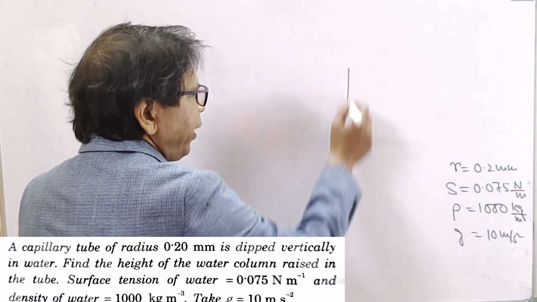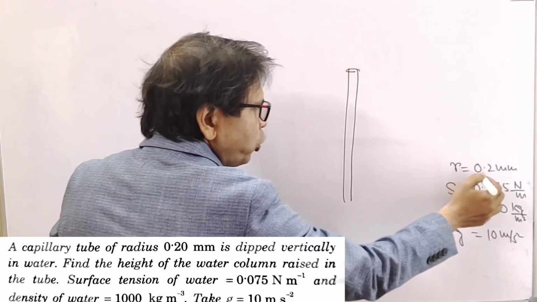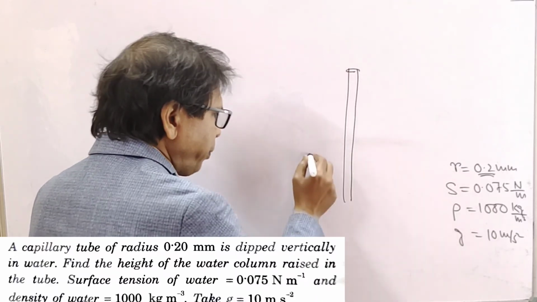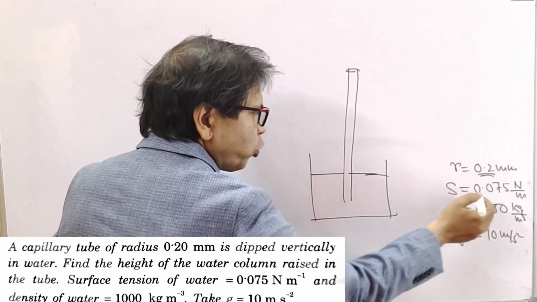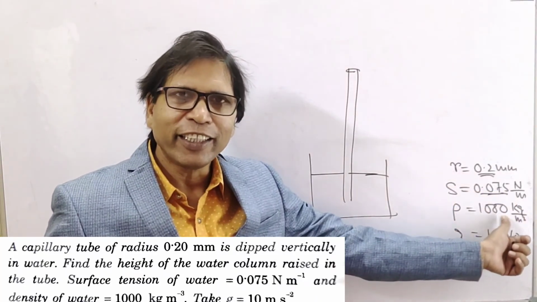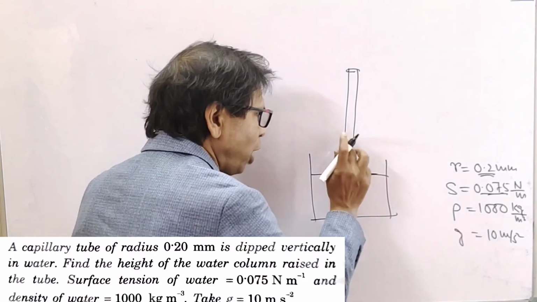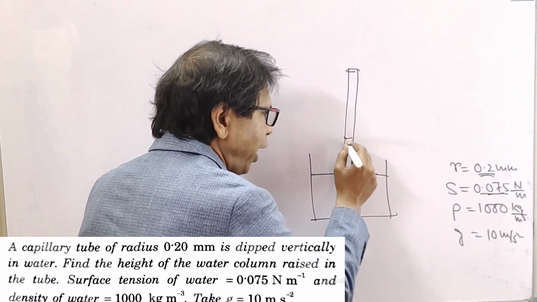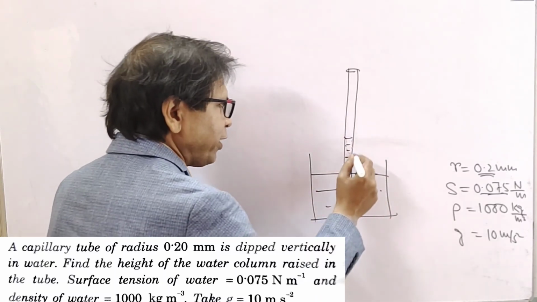Now look at this, the radius of a capillary tube is 0.2 mm. The surface tension of water is 0.075, the density is 1000 kg per meter cube and g is 10 meter per second square. Now we have to calculate the height of the water column in this capillary tube. Suppose this is h.